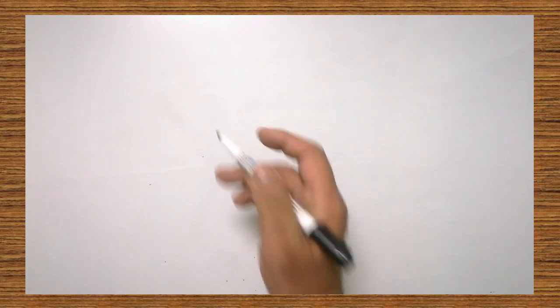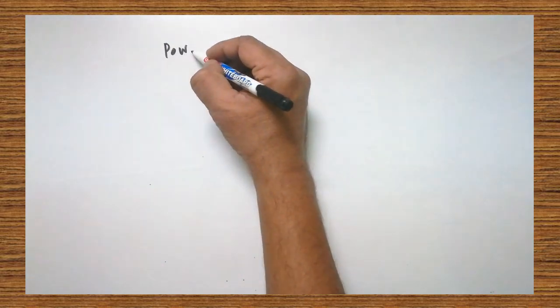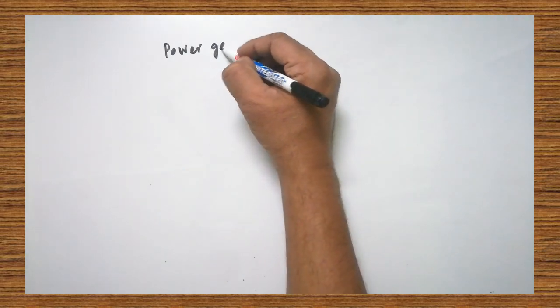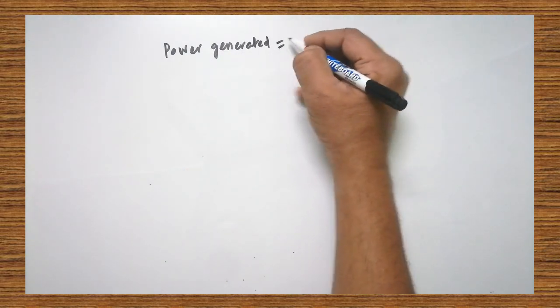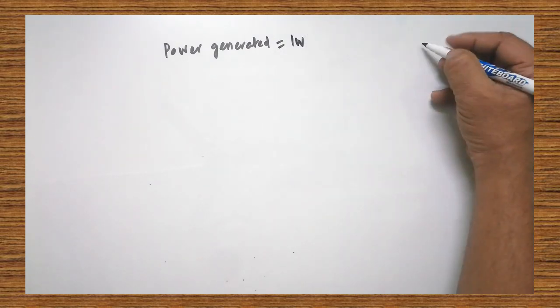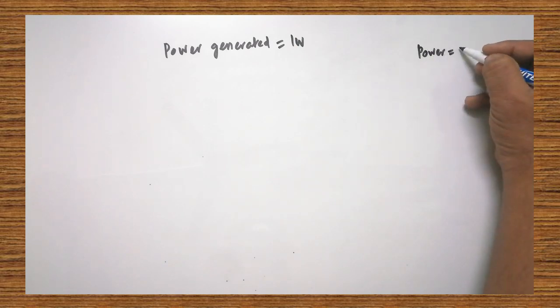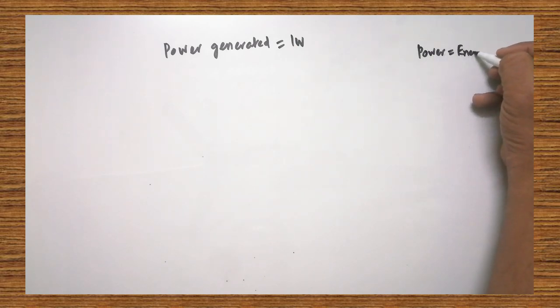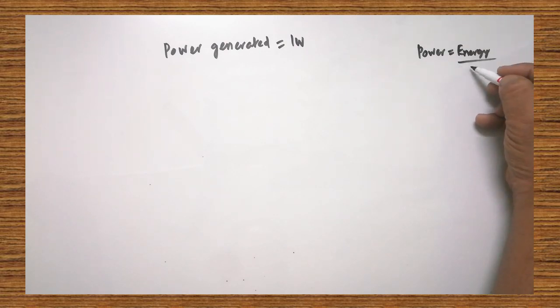How much amount of power is generated? First I will write the power generated in the generators. How much? 1 watt. Are you clear? So here you should know the fundamental formula. Power is equal to energy or work done divided by time.